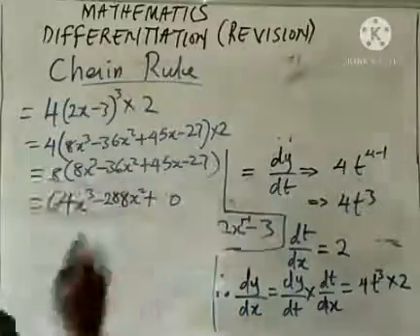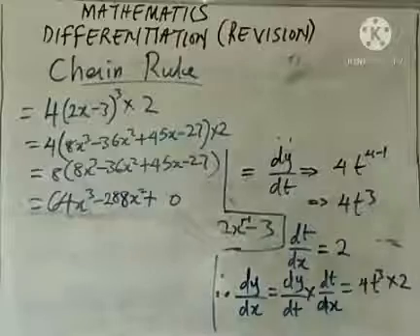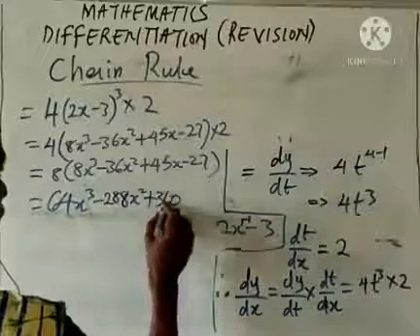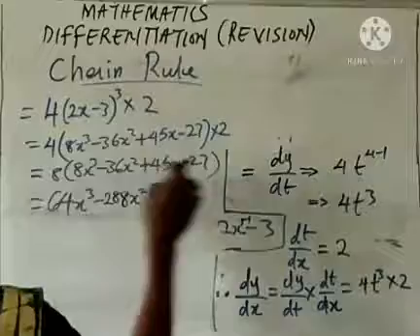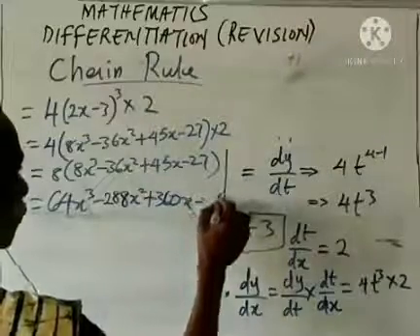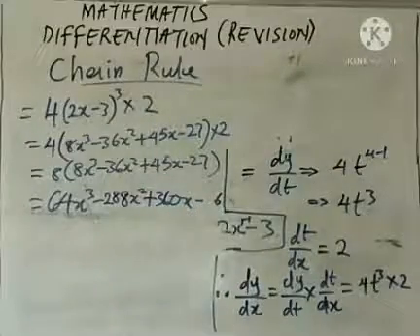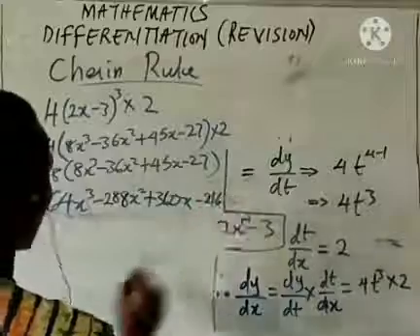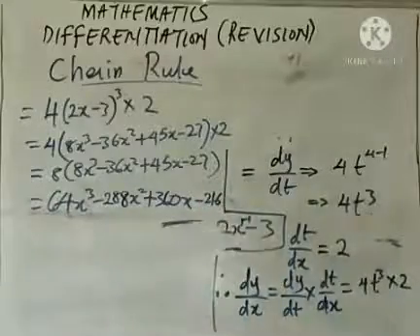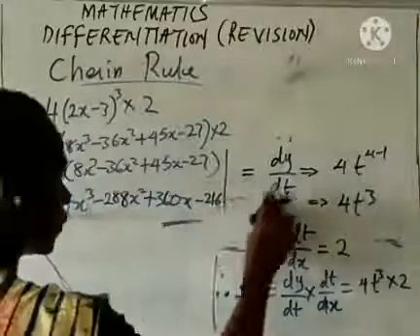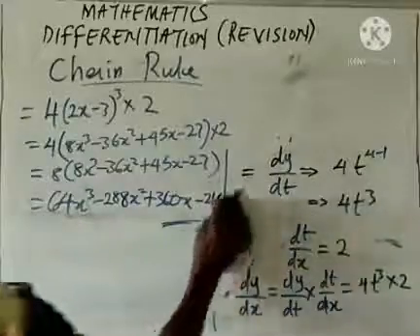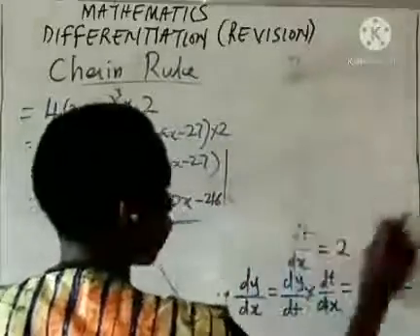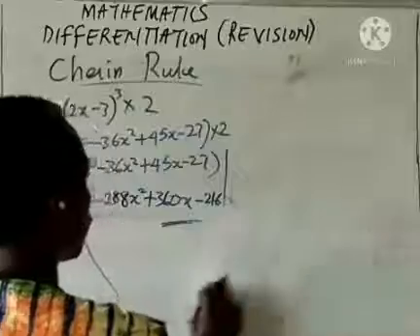Remember 4, 8 times 4 there is 32, 32 plus 4, 36x. 8 times 7 is 56. Remember 5, 8 times 2 is 16 plus 5, that's 21. So this will be our final answer for that expression. That is an example under chain rule.